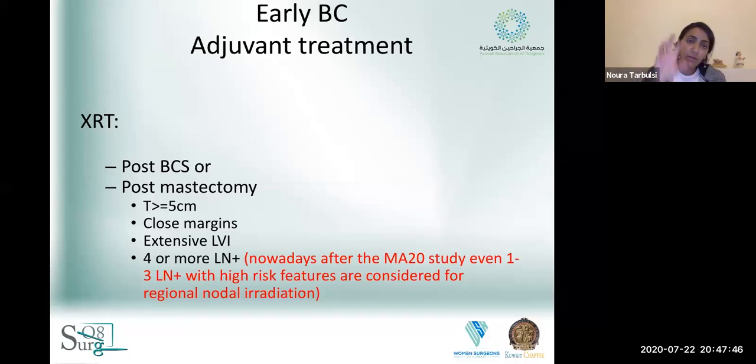So every woman getting breast conserving surgery for breast cancer has to have radiotherapy. If she got a mastectomy, most of the time they don't need radiotherapy unless they have one of these.